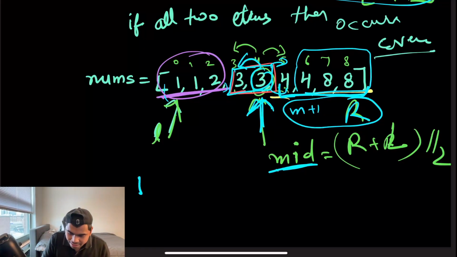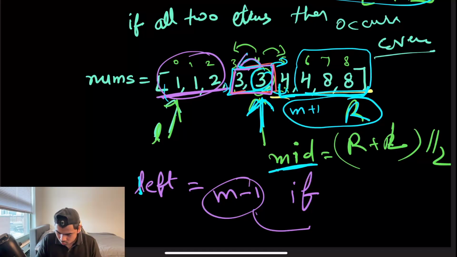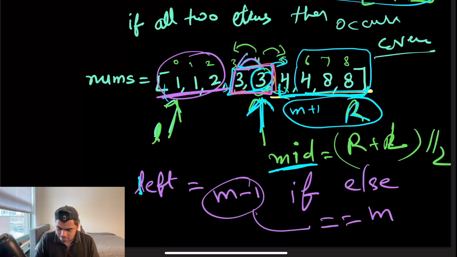How to calculate: we will definitely have a check if it was equal to left, because we are trying to calculate the left count. So left count would be m minus 1 if nums at m minus 1 equals mid, else it will be just m.